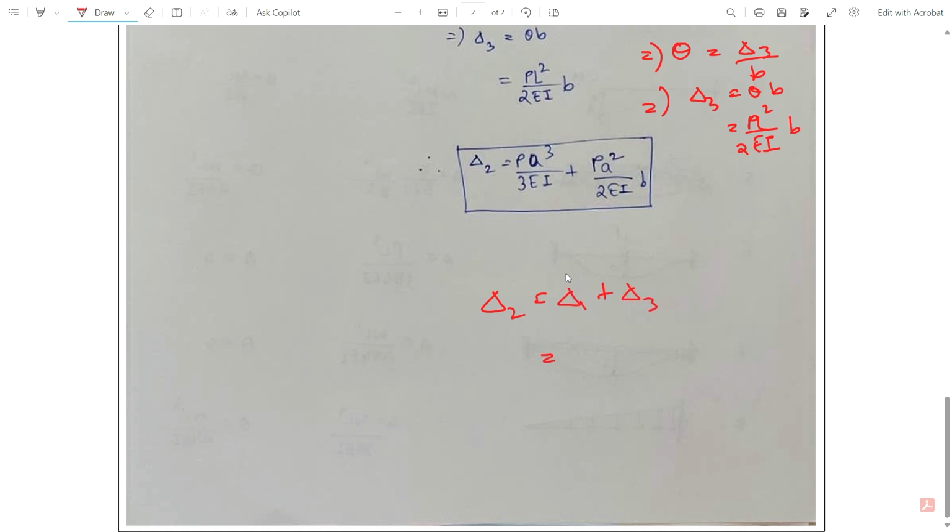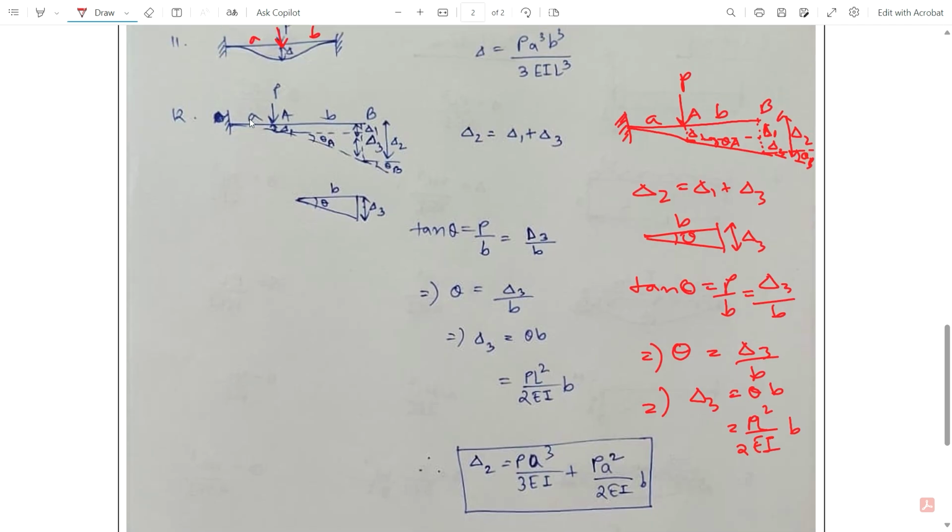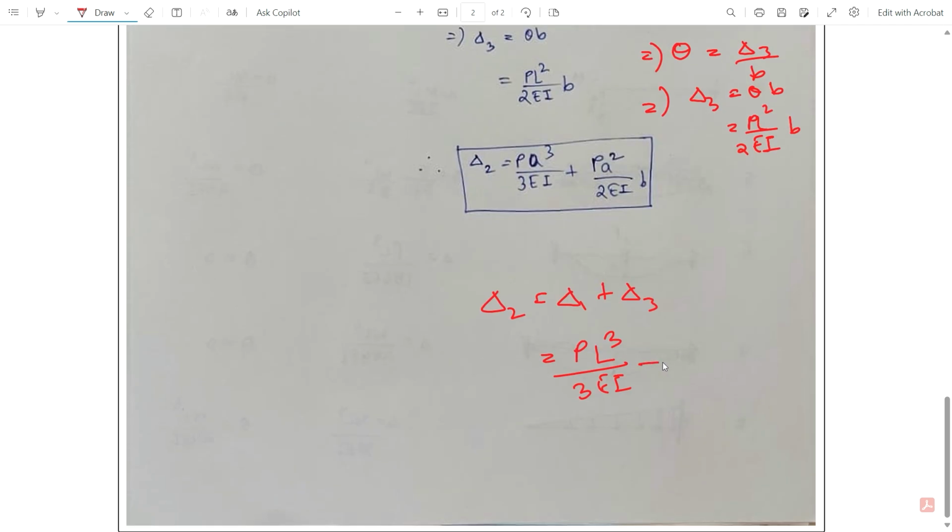Del 1 we know is P L cube by 3 E I, and here L is the A part, so P A cube by 3 E I, plus del 3, which is P A square by 2 E I into B. So P A cube by 3 E I plus P A square B by 2 E I, that is delta 2.